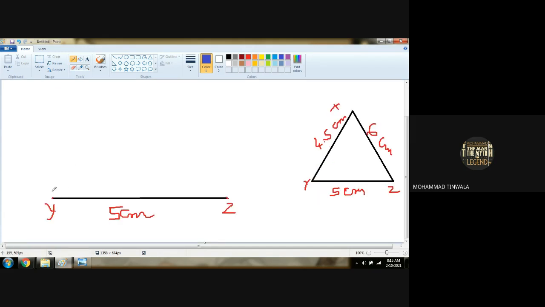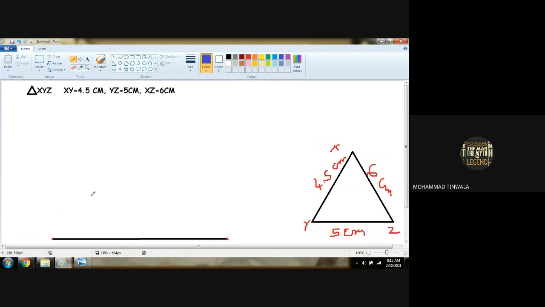So by taking center point Y, open rounder and pencil and measure on your scale. The scale will be like this. So 4.5 will be somewhere between 4 and 5. Are you getting? Yes. So open rounder and pencil from 0 centimeter to 4.5 centimeter.